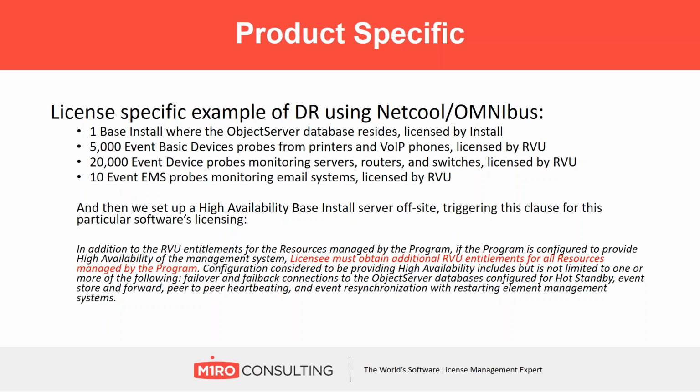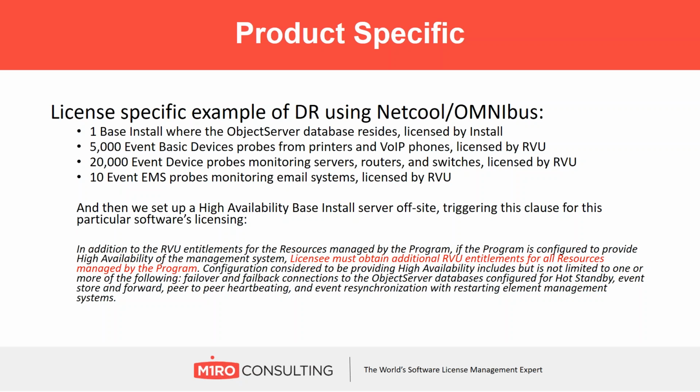Then they had 5,000 basic event devices, which could be our voice over IP phones, licensed by RVU. Then they had another 20,000 probes monitoring servers, routers, switches, and then they had 10 higher level probes monitoring their email systems. But then they set up a high availability DR off-site. One more server. That's all it was.